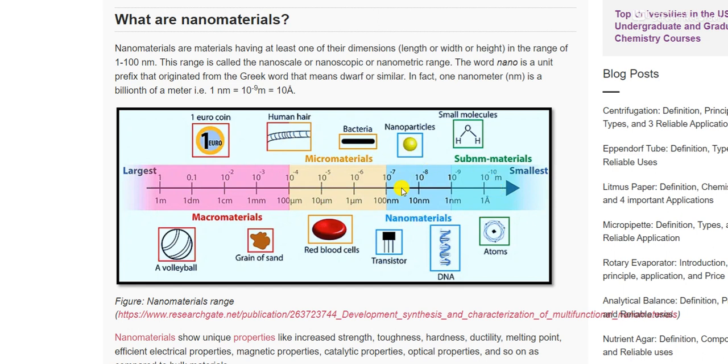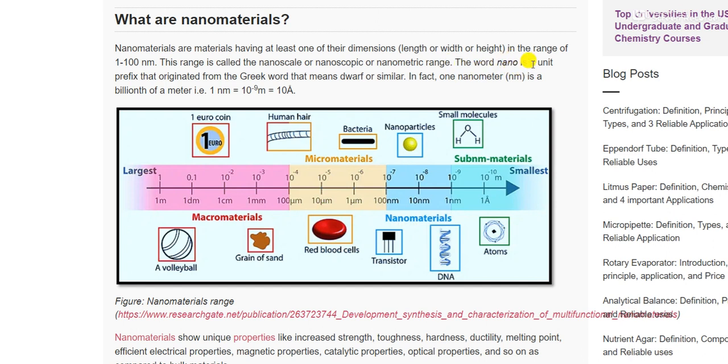So nanomaterials means a material whose any one dimension will come under this range, that is between 1 nanometer to 100 nanometer. So nanomaterials are materials having at least one of their dimensions, length or width or height, in the range of 1 to 100 nanometer, and this range is called the nanoscale or nanoscopic or nanometric range.